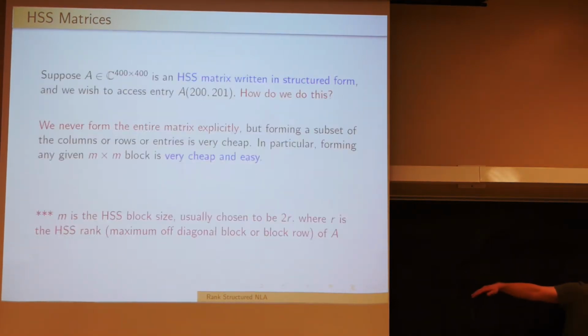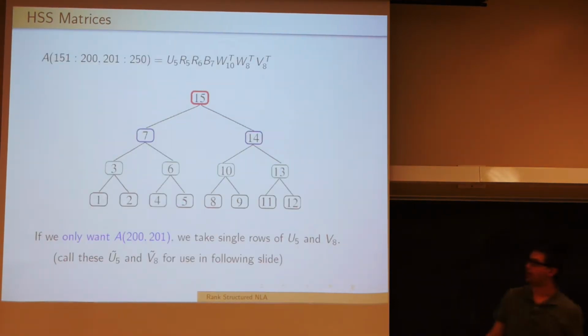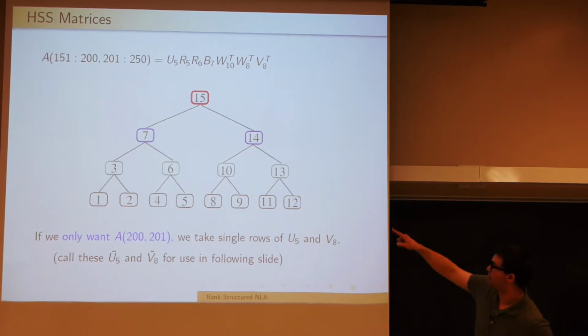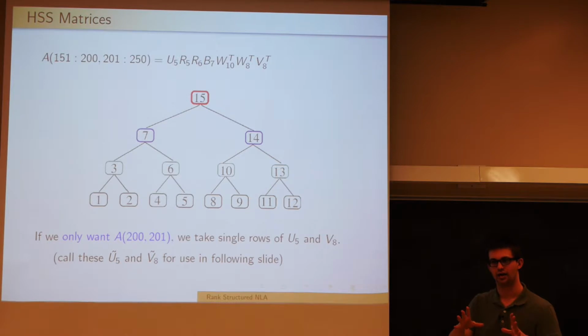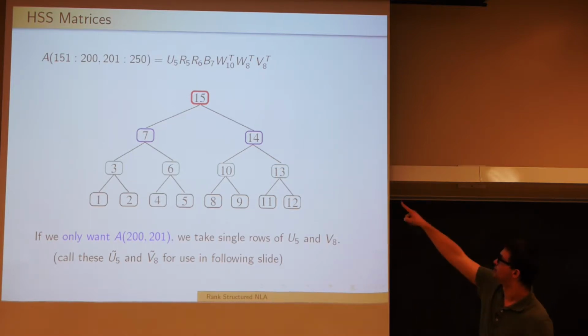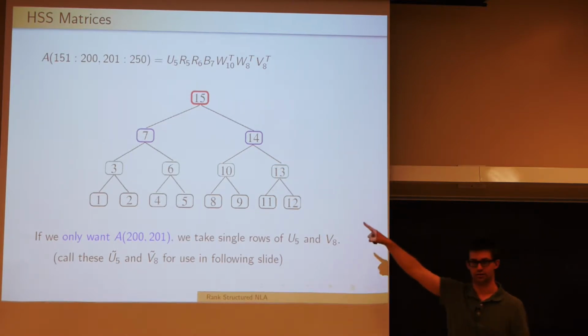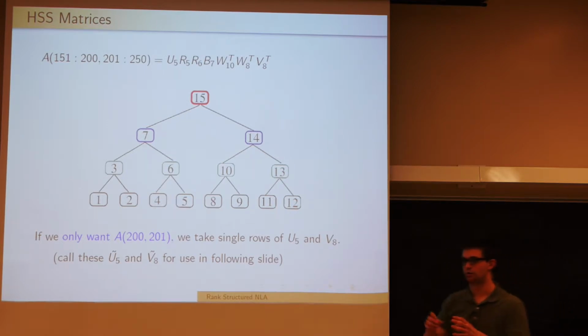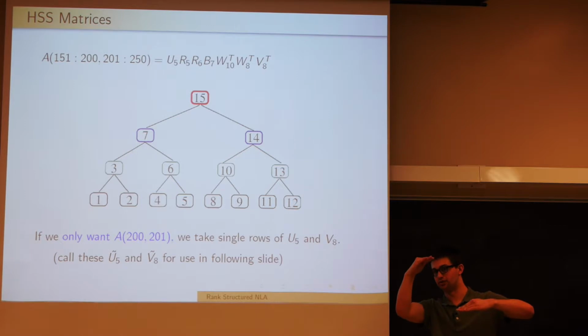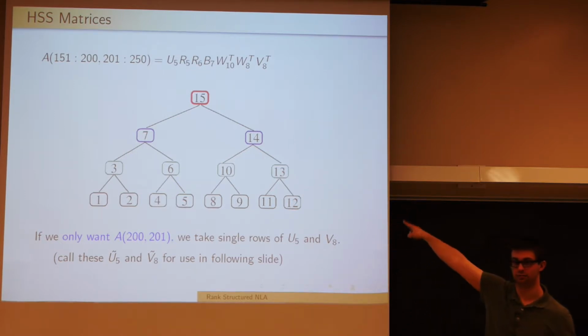We're the 5th, so we use U5 and R5. Now we go up a level to the blocks that are 100 by 100 and find the block that corresponds to us. Here that's R6. So we multiply by R6, and now we go across to the other side. And here, because we are again on the top half of the matrix, we use B7 instead of B14.